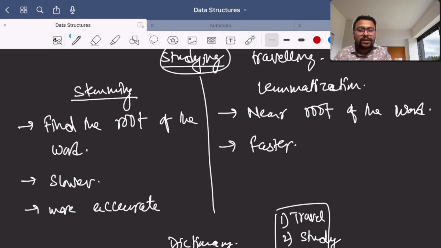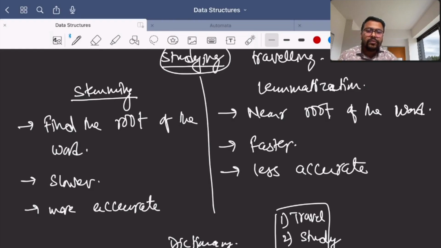Obviously, it is faster than stemming, but it is less accurate. You have to compromise with the accuracy if you want to make your process faster. If you want to make your process more accurate, then probably it will take more time. That is the very first rule of doing anything.